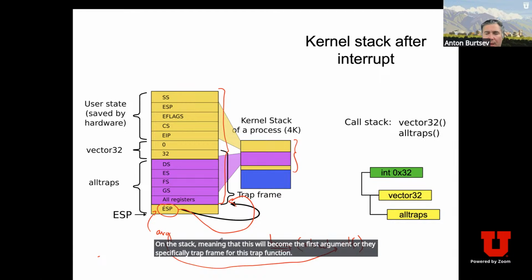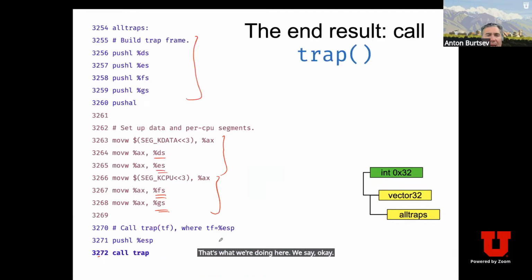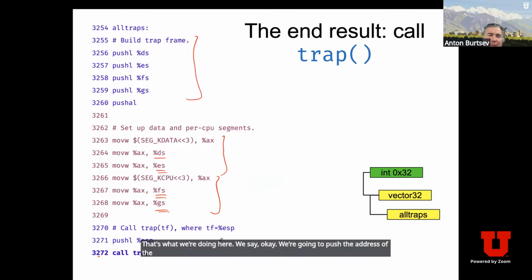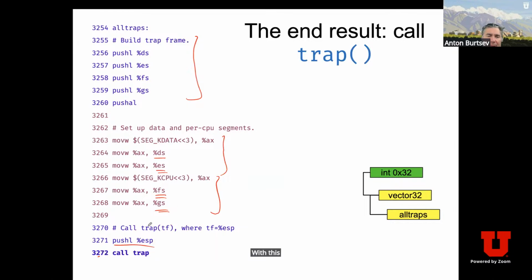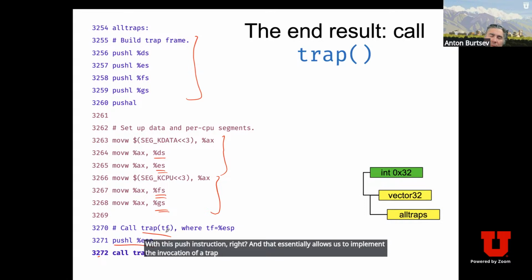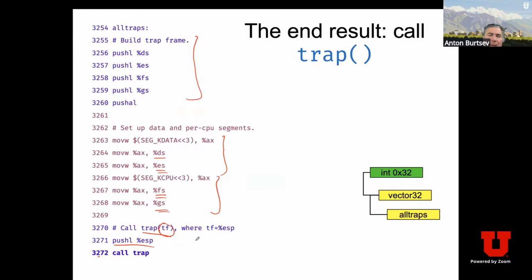We push the address of the stack on the stack itself with this push instruction. That allows us to invoke the C trap function passing one argument, which is currently at the very top of the stack, and go into the C.